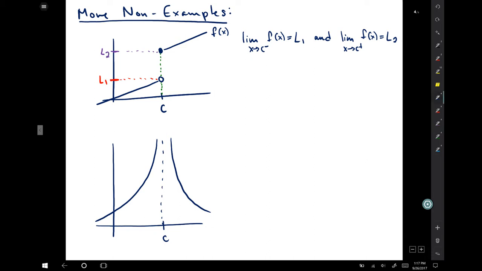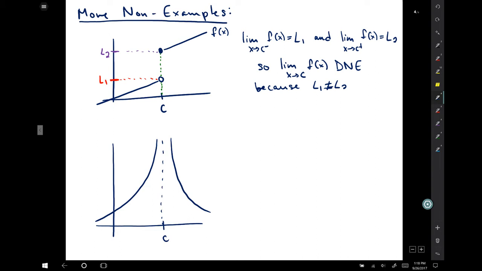And so since we have different limits from the left and the right, the limit as x goes to c of f of x, the two-sided limit, does not exist. This is because L1 is not equal to L2. The right and the left limits are not the same.